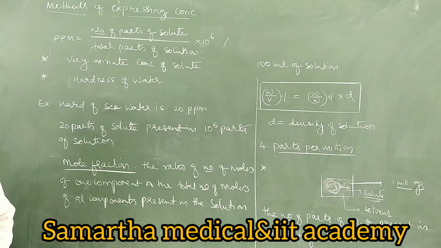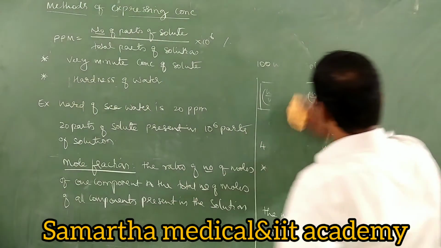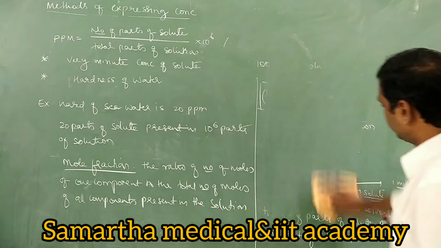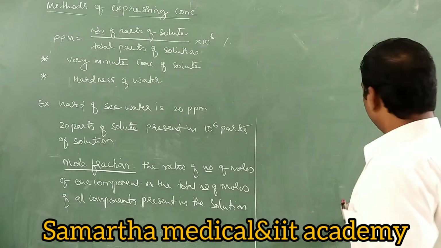Right, so it is the ratio of number of moles of one component to the total number of moles of all the components present in the solution is called mole fraction. Now let us consider.